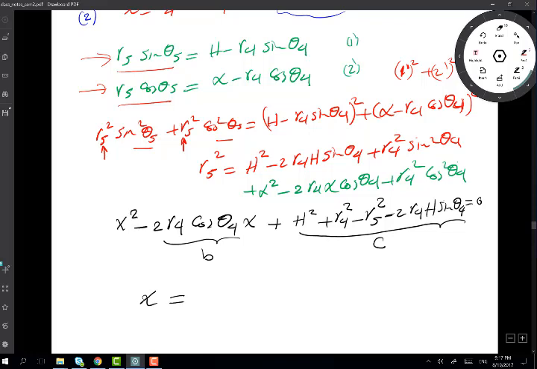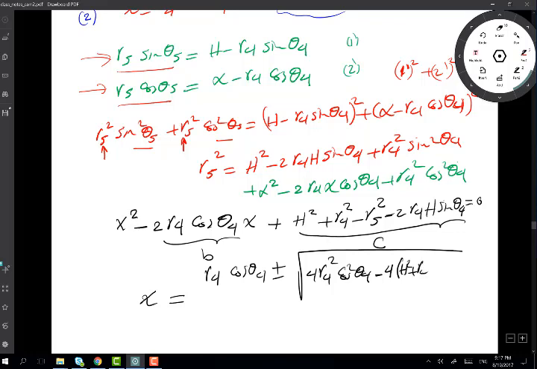So you can solve to find two values for x. Here you have minus b, so you get R4 cosine theta 4 plus or minus the square root of 4 R4 squared cosine squared theta 4 minus 4 times h squared plus R4 squared minus R5 squared minus 2 R4 h sine theta 4, over 2.